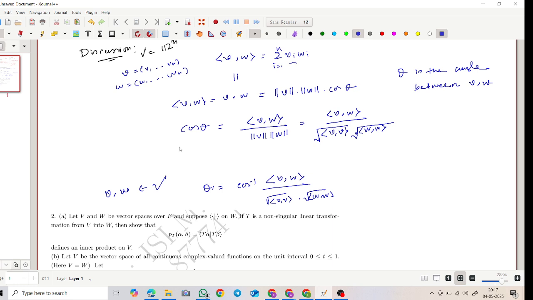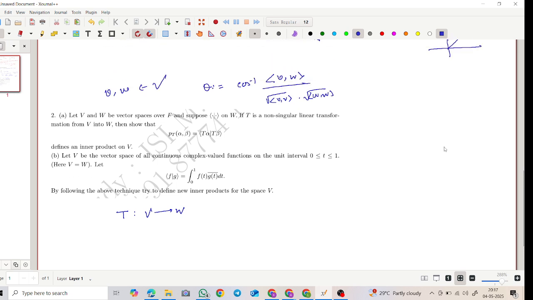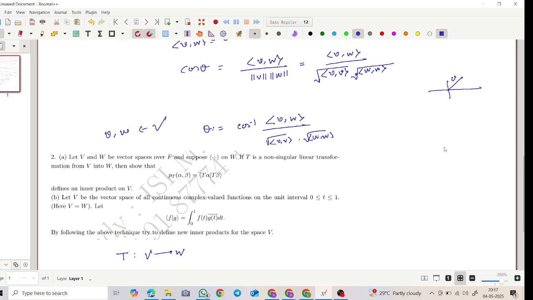Even in R^n, can you define it? Suppose in R^2, this is one vector, this is v, and suppose your w is zero. That is the origin. Zero vector is a point. So it's not possible to define an angle between one line and one point.